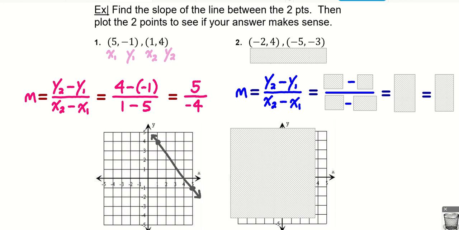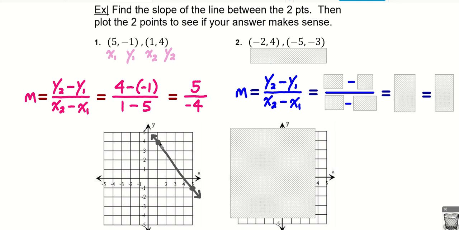Remember, when you're plotting 1, 4, you're going right for the x coordinate, then up 4. To plot 5, -1, you're going to the right 5 and then down 1. Slope, being rise over run, is kind of the opposite. You do the rise, the up or down, then you do the right or left.